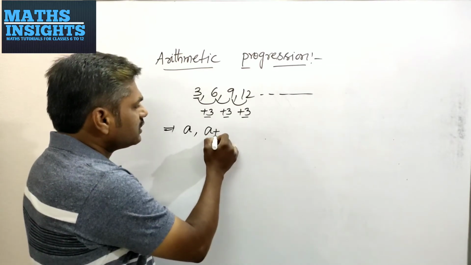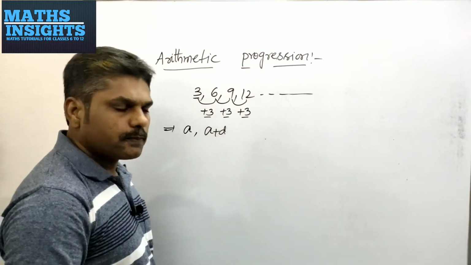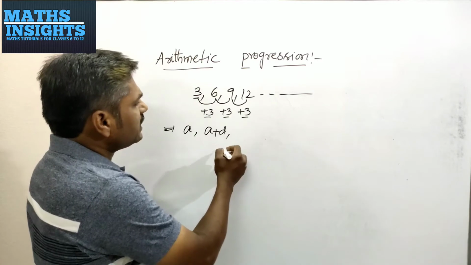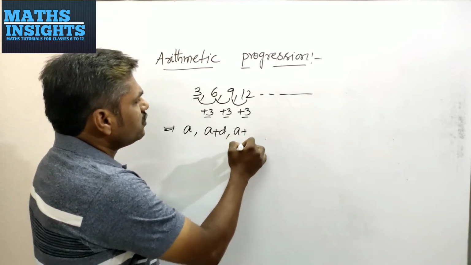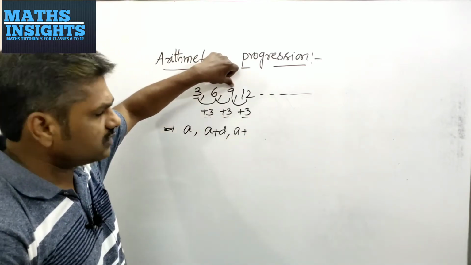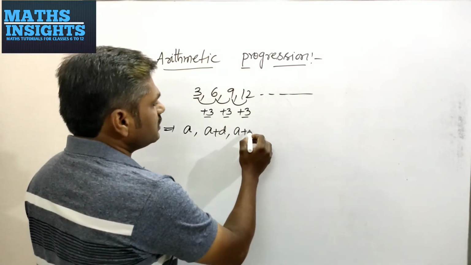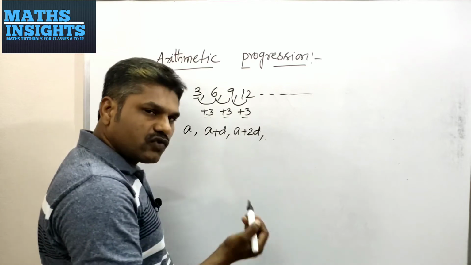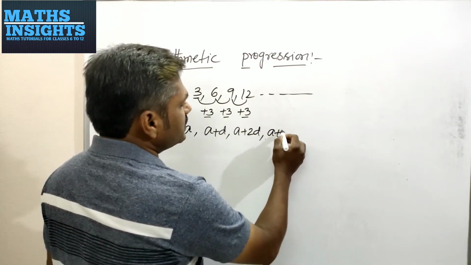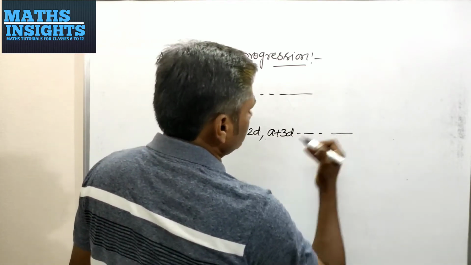I am adding common difference d. Similarly, if I want to get the next term 9, I have to add another d. So a plus 2d. Similarly, if you want to get the next term, a plus 3d, and so on.